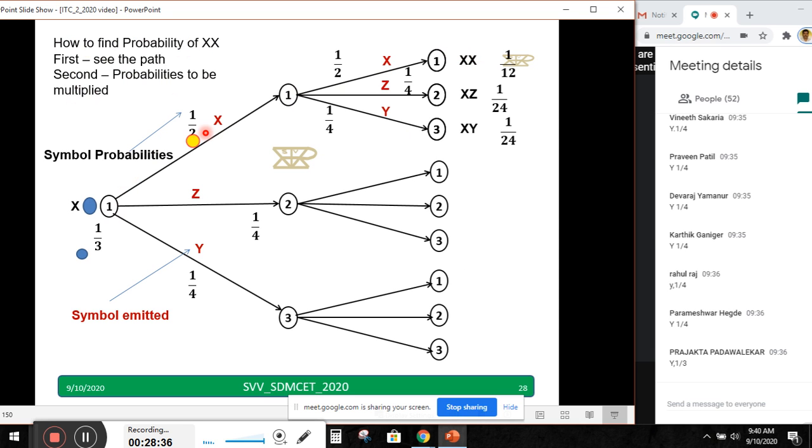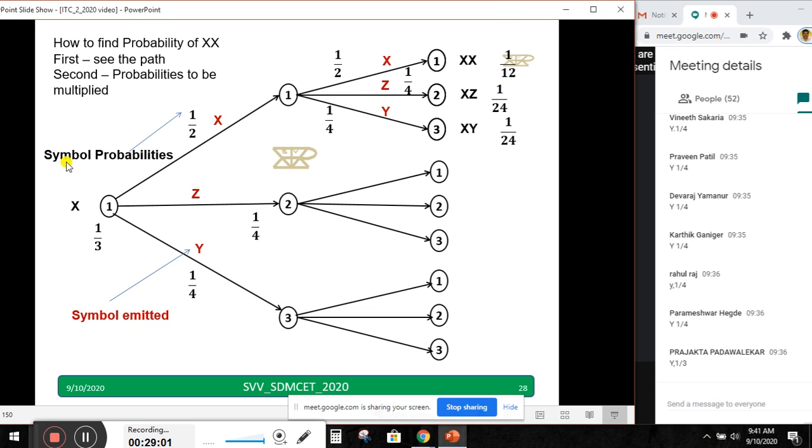Simply use these probabilities. Observe carefully. What is the path for XX? Yes, this is the XX path. On this path, consider the probabilities and multiply. Carefully observe: 1 by 3 I have, 1 by 2 I have, one more 1 by 2. I got 1 by 12.